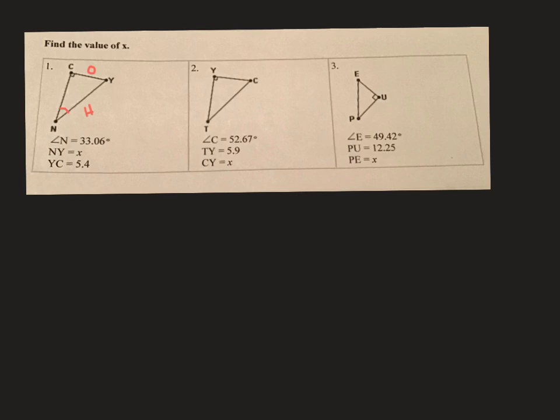So with that information, what we need to do is find our sine. Remember SOHCAHTOA, opposite over hypotenuse is going to be our sine. So we have sine of our angle N is equal to YC, our opposite side, divided by our hypotenuse NY.